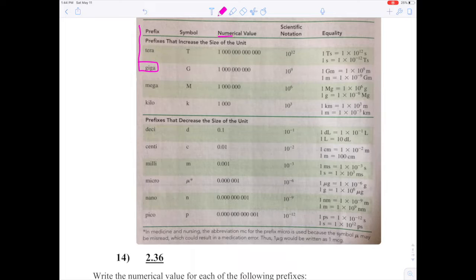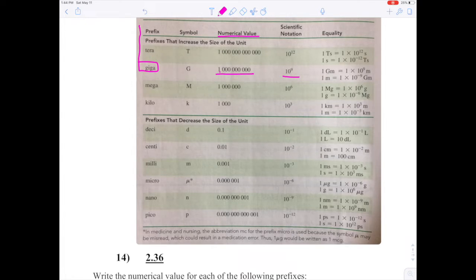Now, you can see they have a numerical value here, and it has a lot of zeros in it, but it's kind of awkward to have all those zeros. It's not as clear. First, if you try to count the zeros, they kind of mush together in my mind anyway. And it also takes time to write all of those zeros. So an easier way to write that number is 10 to a certain power.